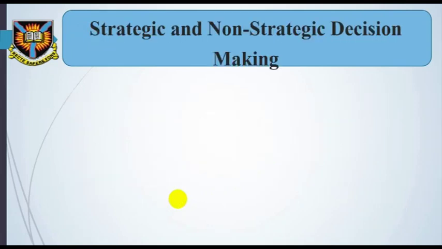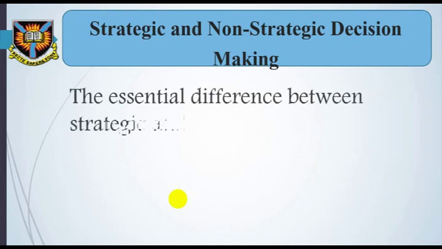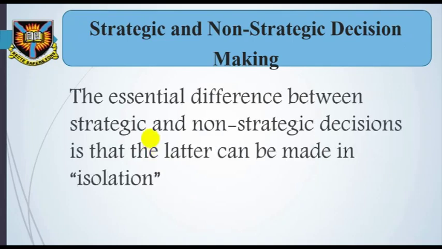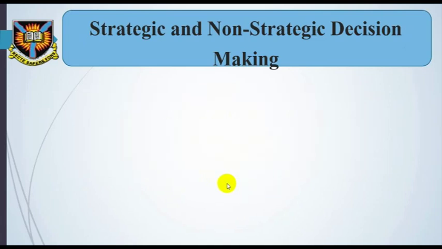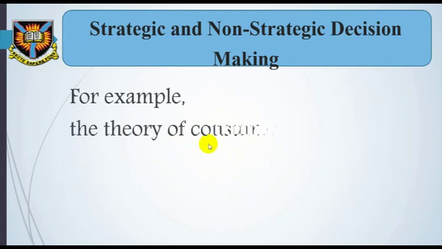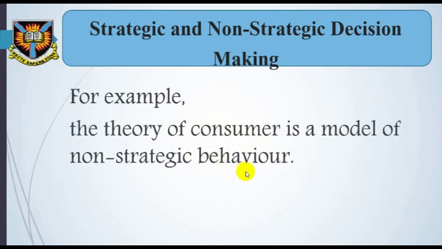Strategic and non-strategic decision making. The essential difference between strategic and non-strategic decisions is that the latter can be made in isolation without taking into account the decisions that others might make. For example, the theory of consumer is a model of non-strategic behavior.